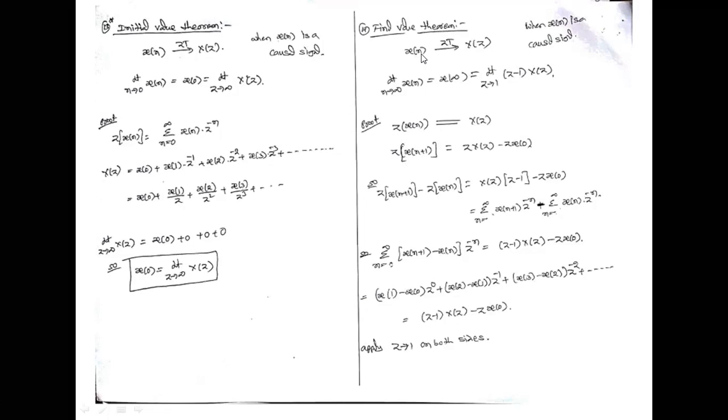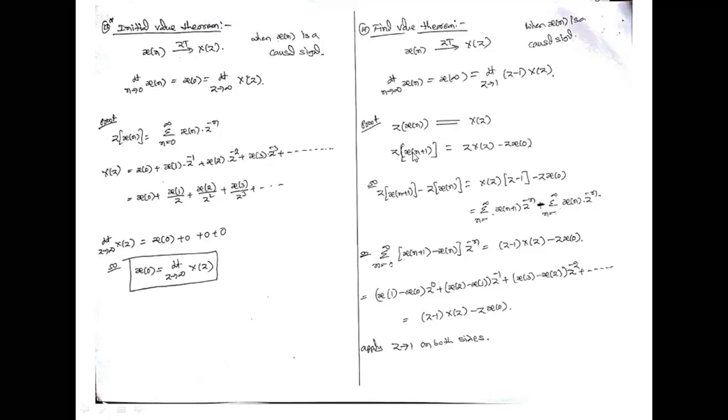So to prove this final value theorem, we have to know the shifting property. The shifting property we did for the two-sided Z transformation and the one-sided Z transformation also.